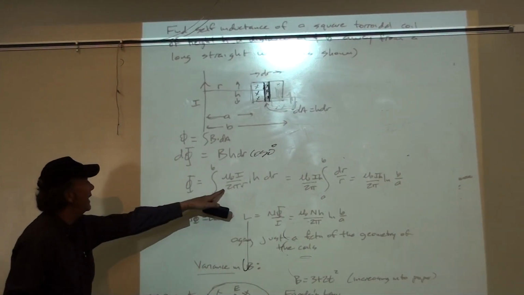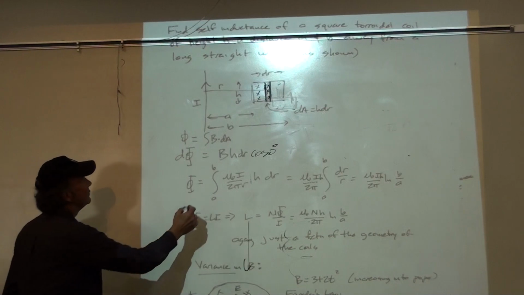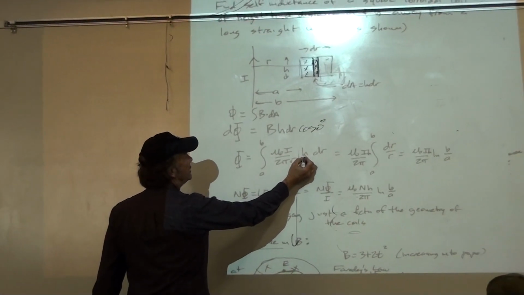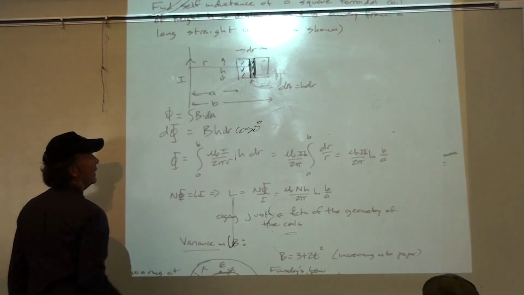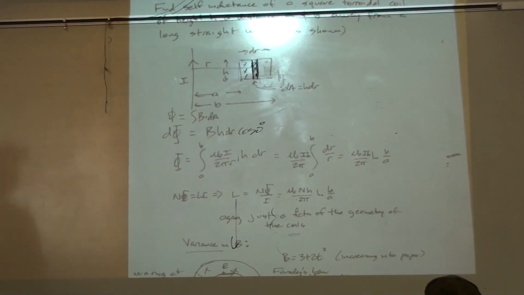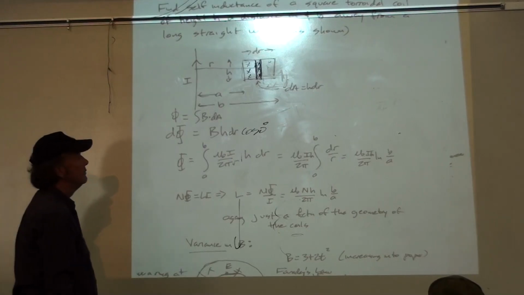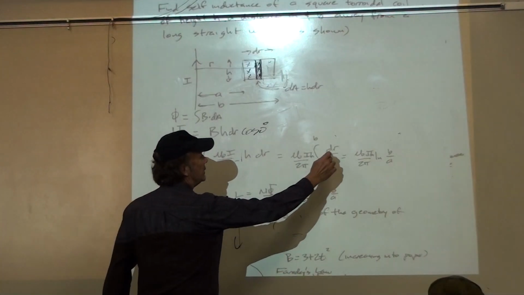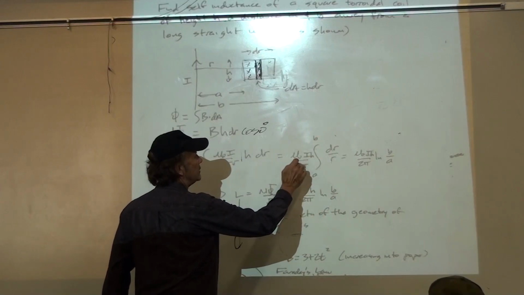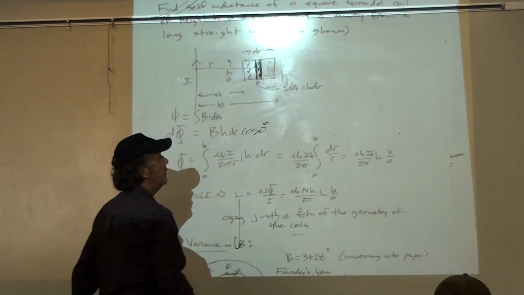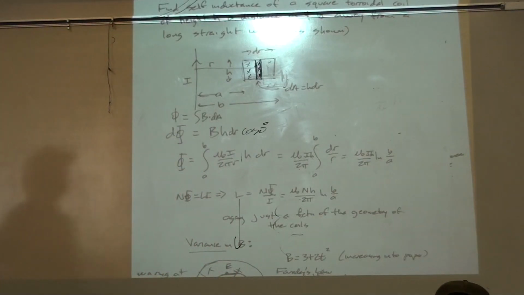And then we integrate that, and so that's going to give us, for B, that's mu0 I over 2 pi r times h times dr. And so everything's a constant in there, except for the r and the dr. So we pull all the other things, the mu0 I h over 2 pi, outside of the integral, and we just integrate from a to b.